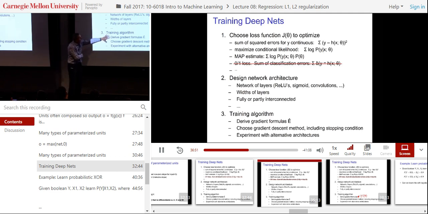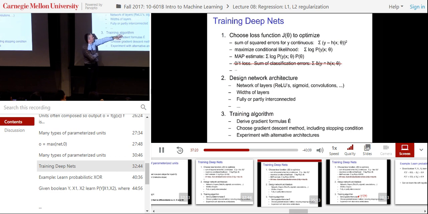And then we want a training algorithm. I can't believe I left E hat in there, because I'm using J of theta to represent the cost function here. But then we want to derive our training algorithm. And just like the case of logistic regression, what that mostly means is finding the gradient.